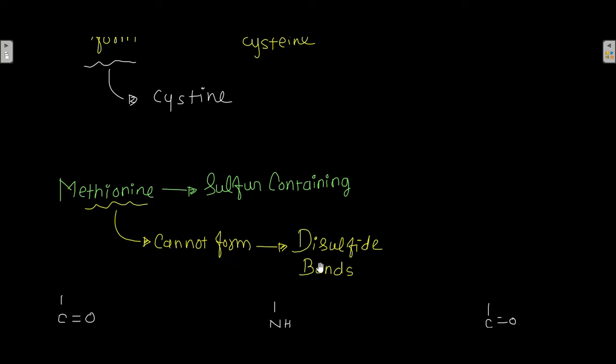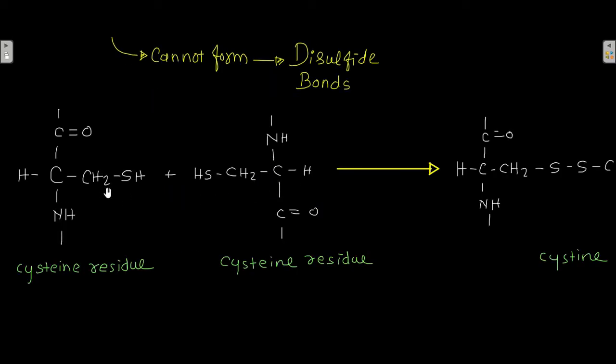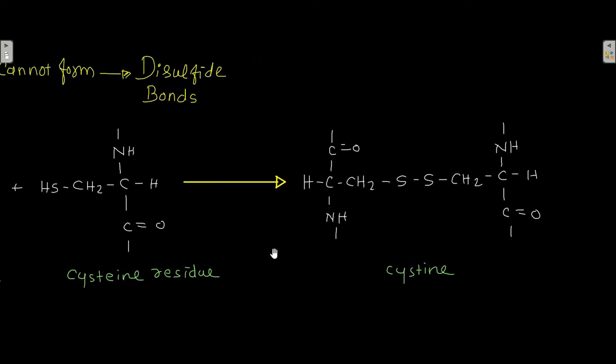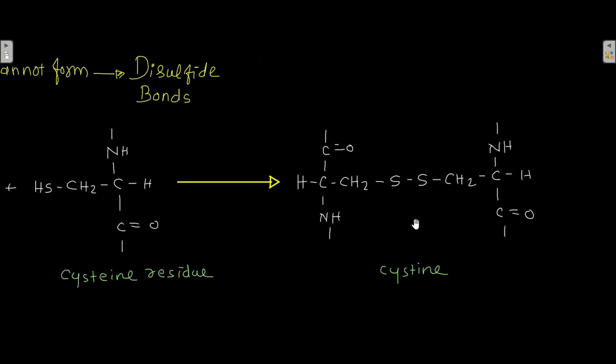Okay, only cysteine can. So this is your cysteine residue, this is your other cysteine residue, and this is the disulfide bond which we are talking about. Okay, this is the covalent bond that is contributing to the tertiary structure of the protein.